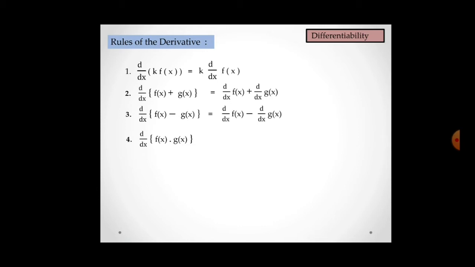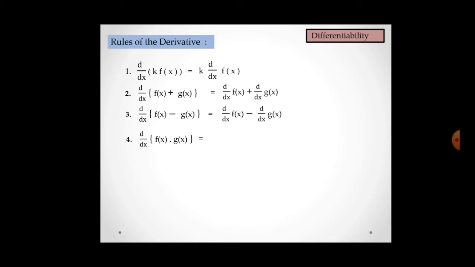Fourth one, d by dx of f of x into g of x. This is very important: the product. This rule is different from addition and subtraction. The rule is very simple and very important also.